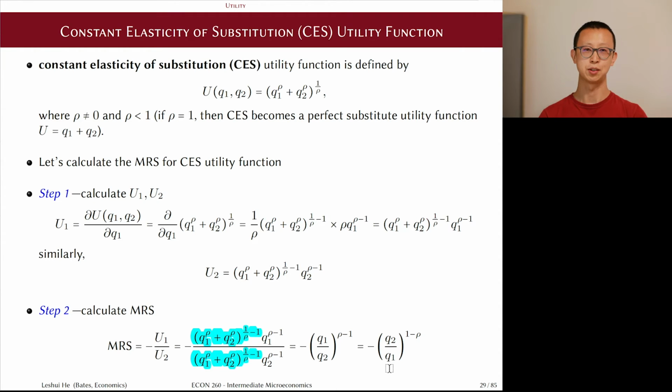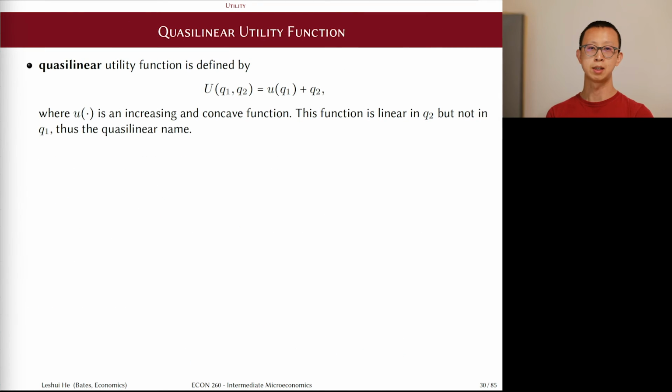In time, you'll get used to it, and you'll realize that it is just a set of procedures you need to follow. With your algebra skills improving and getting comfortable with the notation we use in this class, these things will become relatively straightforward. Now let's take a look at a different utility function, what we call the quasi-linear utility function.